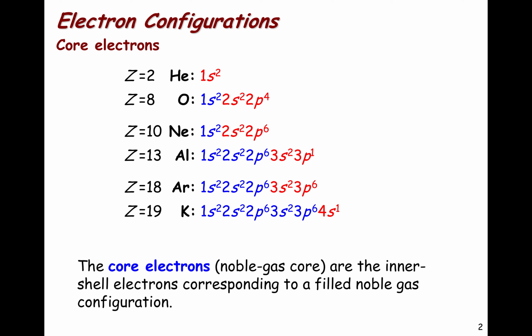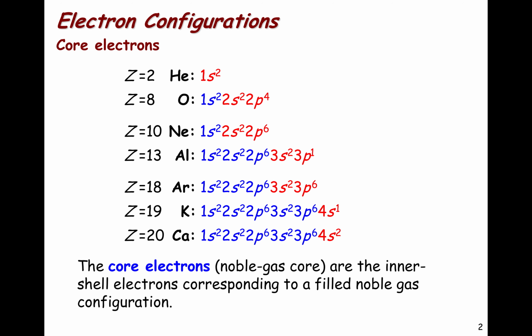We go to an element in the fourth period by adding 1 electron. This is potassium. In this particular case, then we have 3 shells that are considered core shells. The valence is the 4s, or the fourth shell, and so this is shown here in red.